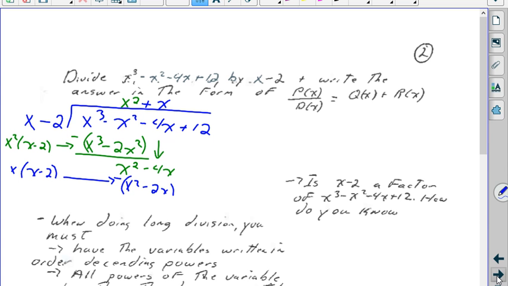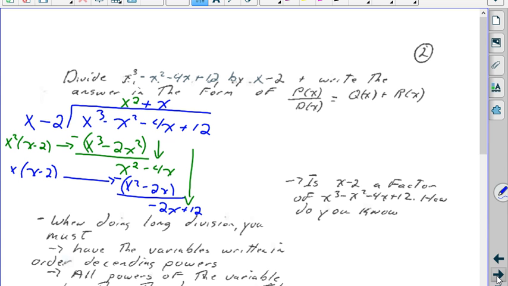Now I don't write these down, although I think it's a good way to start. You can get into it later and start to skip it. I didn't give you really much room here. So x squared minus x squared, okay, that's good. Negative 4x minus a negative 2x, that's a negative 2x. And bring down my 12.